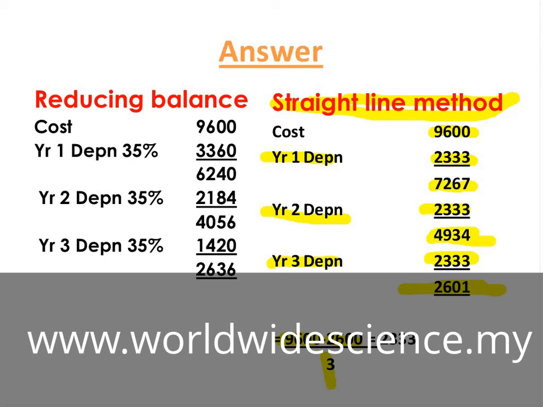If you can see, I'm going to type for you the meaning: $2,601 is the cost of the car after 3 years of usage. Yes, right? Can you see that I have typed for you?